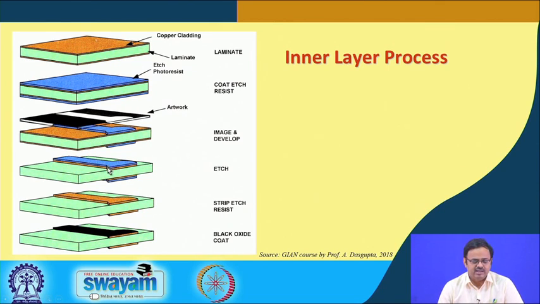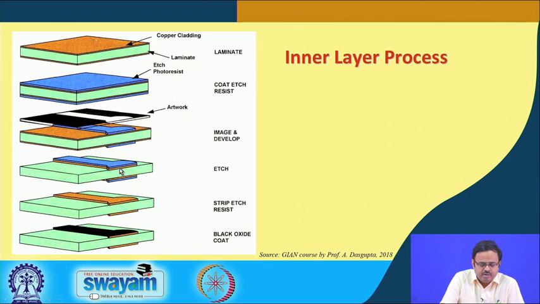So, once this is done, we are going to etch this remaining copper away. Look at this fourth figure from the top, and what we are left with now is the laminate and some portions of the copper foil, or the copper cladding, which was initially attached to the laminate. The rest of the copper has been removed by etching. We are going to talk about the etching process later. Actually, both of these processes.